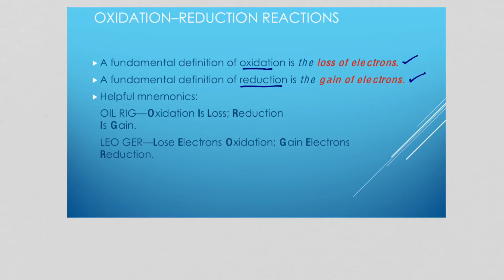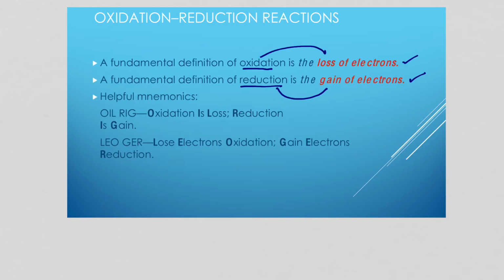Now, if you're trying to remember how to keep this straight, oxidation goes with loss, reduction goes with gain. If they help you, there's a couple of mnemonics listed in the book that are often used to help people remember these. We have OIL RIG, which stands for oxidation is loss, reduction is gain.